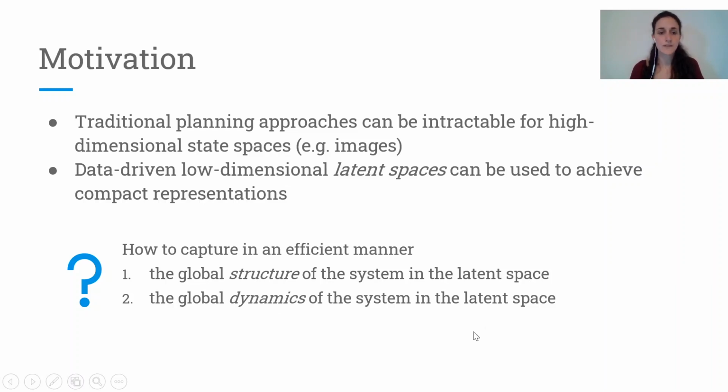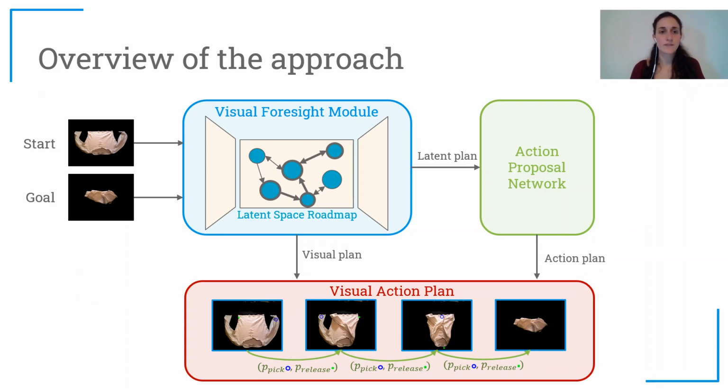So to solve this problem, we propose the following approach, where the main component is the visual foresight module that gets the start and goal configurations and produces the visual plan, that is the sequence of images from the start to the goal. And in addition, it also produces a latent plan, that's the sequence of points in the latent space that lead from the start to the goal configurations.